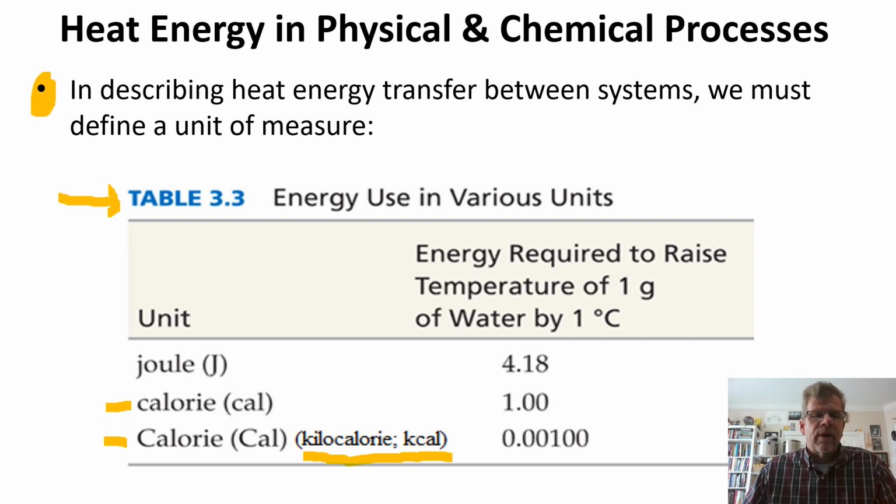So again, the prefix kilo means times 1,000. Interestingly, this Calorie with an uppercase C is known as the nutritional calorie. So when we're looking at the sidebar of a box of Cheerios or something and want to know how many calories are in it, it is the nutritional Calorie which we're talking about, and not the smaller calorie.